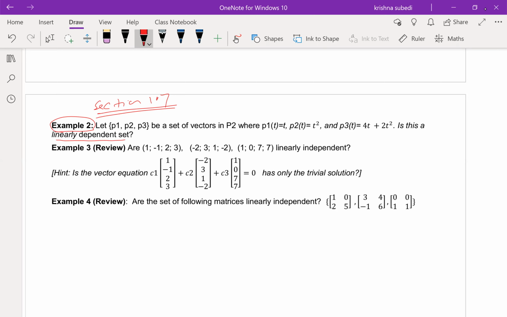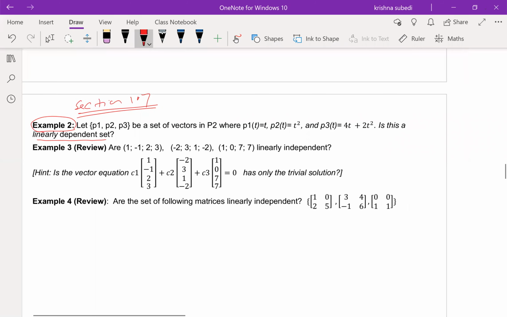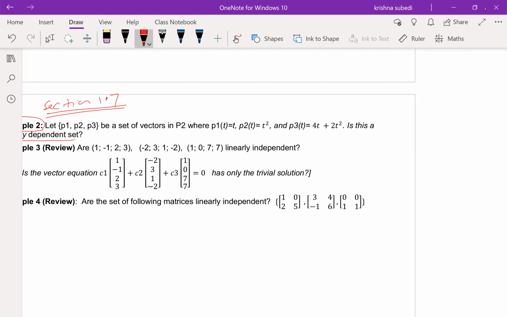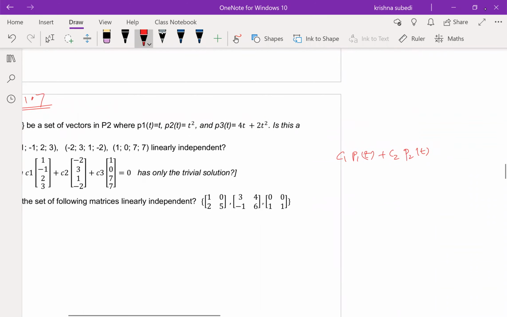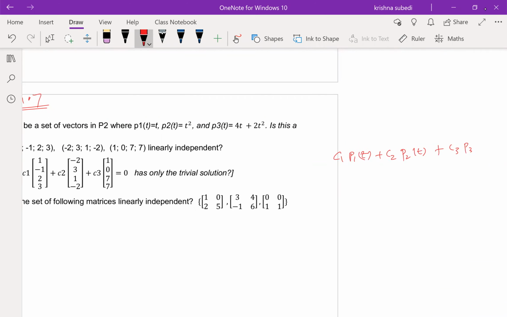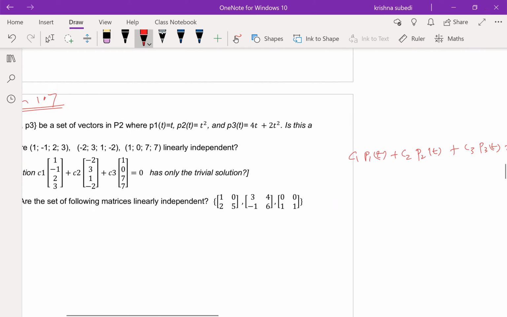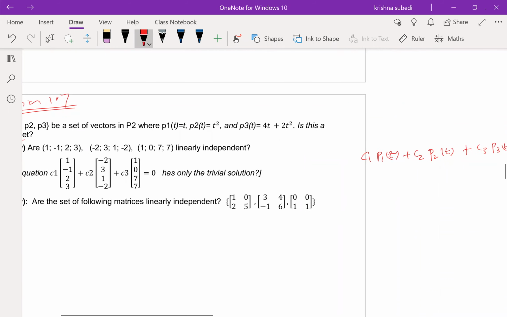So one method is that what we can do is c1 p1 of t plus c2 p2 of t plus c3 p3 of t equal to 0, and then we work it out that way. But there is an even easier method in order to solve this.